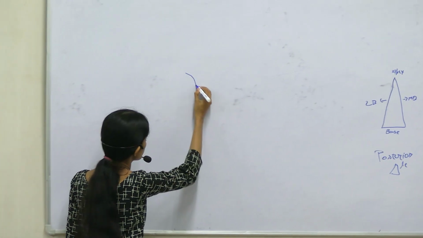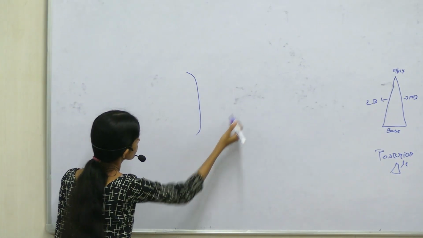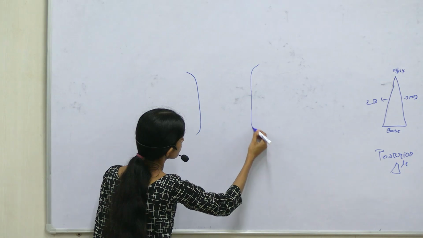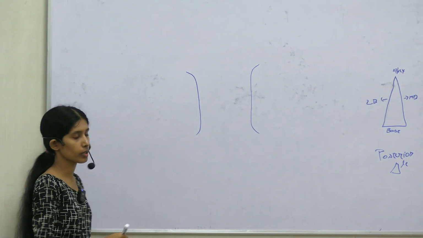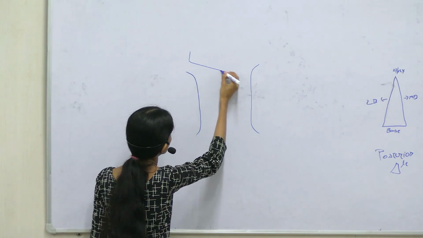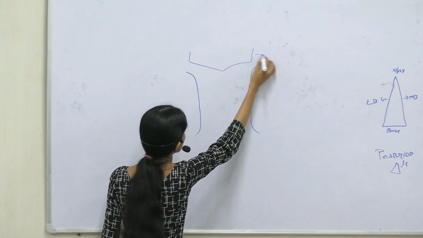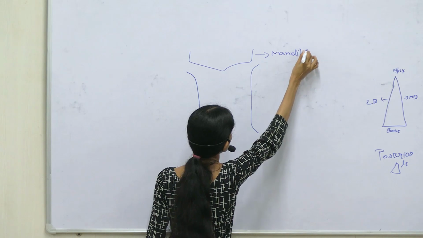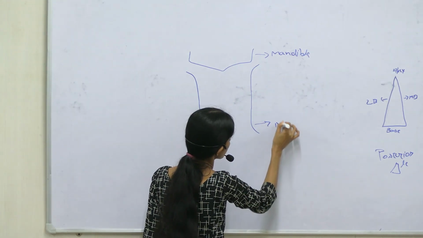So now imagine this is your neck region. Okay, and this is the mandible part. This is the mandible and this is the neck region.